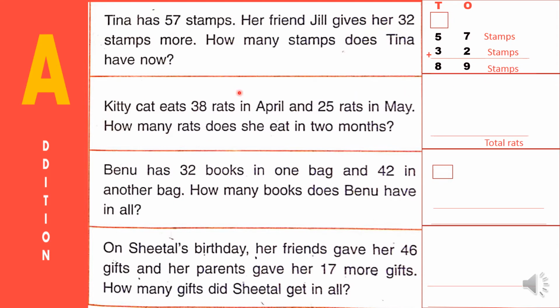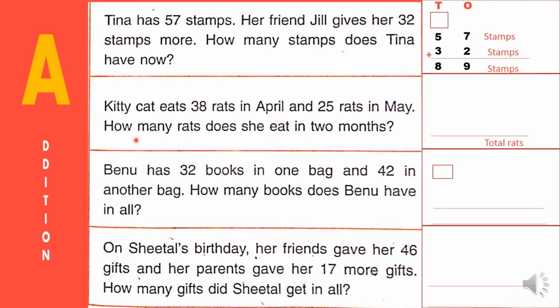We have to solve this problem now. Kitty cat eats 38 rats in April and 25 rats in May. Did you understand? Kitty cat is eating 38 rats in one month, 25 rats in the May month.